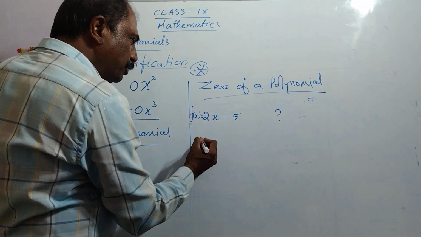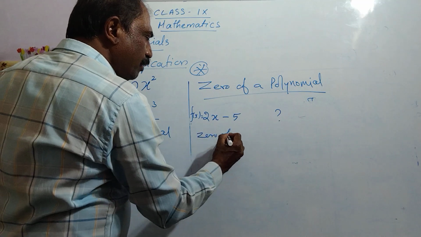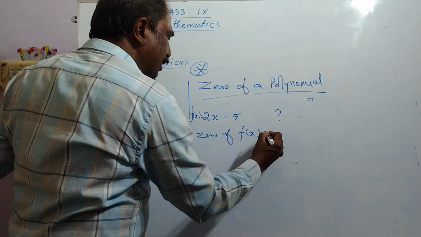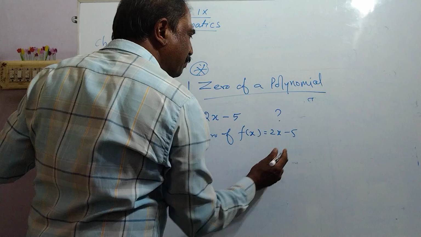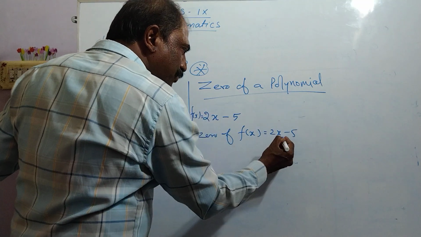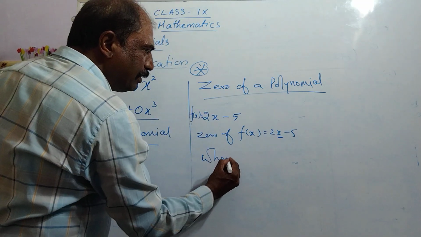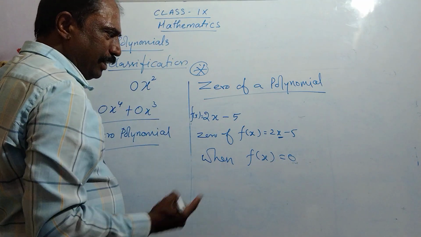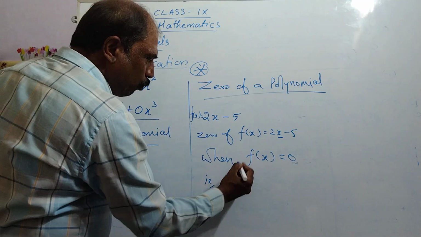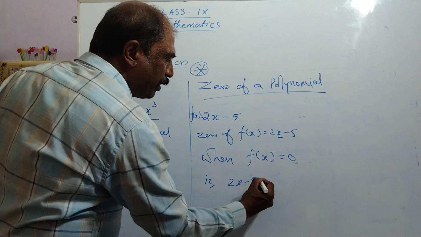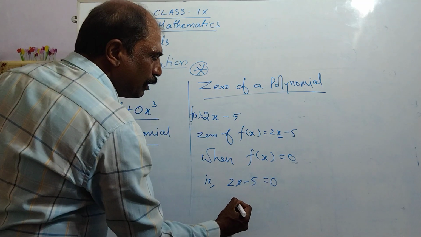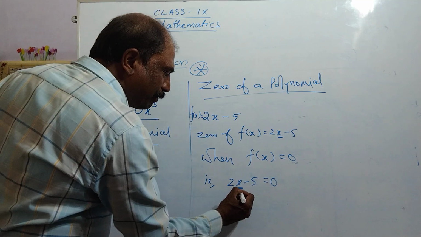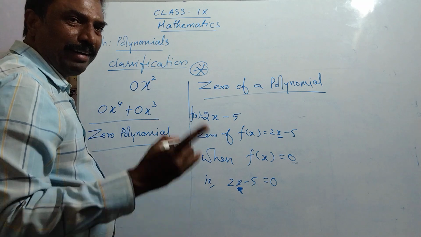The 0 of f of x equal to 2x minus 5 is the value of the variable when f of x equals 0. That is, when 2x minus 5 equals 0, what is the value of x? That is the 0 of the polynomial, right?